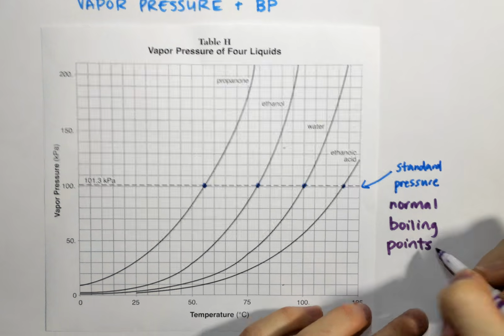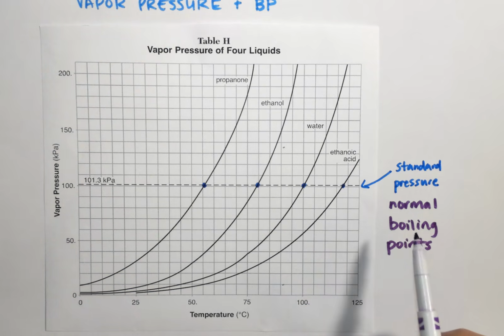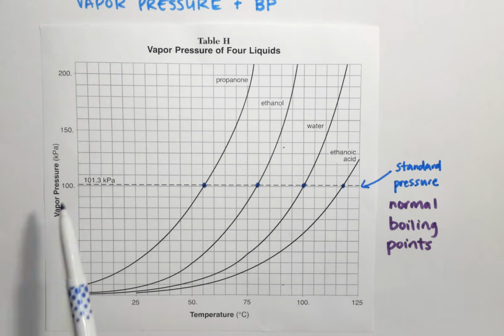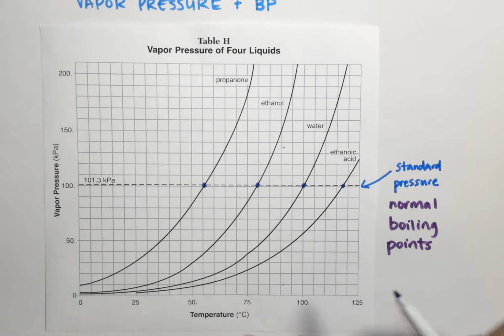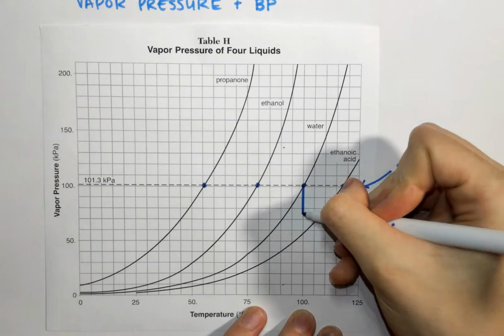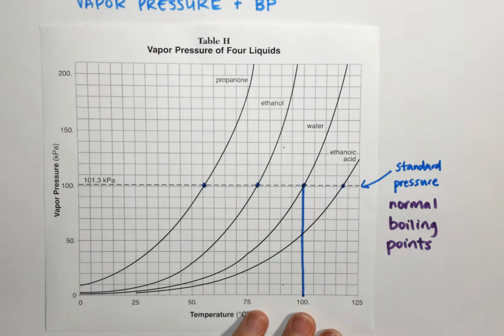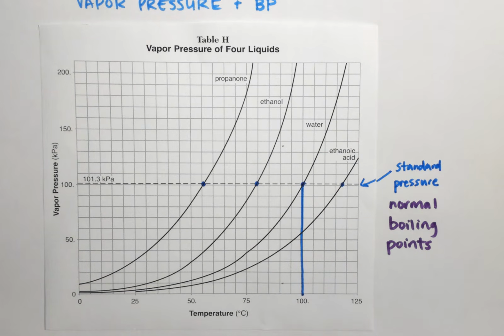All that means is the temperature at which the liquid boils when the pressure is 101.3 kPa. So if we take a look at water and ask what water's normal boiling point is, I'm going to come across to 101.3 kPa, hit the water line, come right down, and here we are at 100 degrees Celsius. You guys knew that normally water will boil at 100 degrees Celsius.